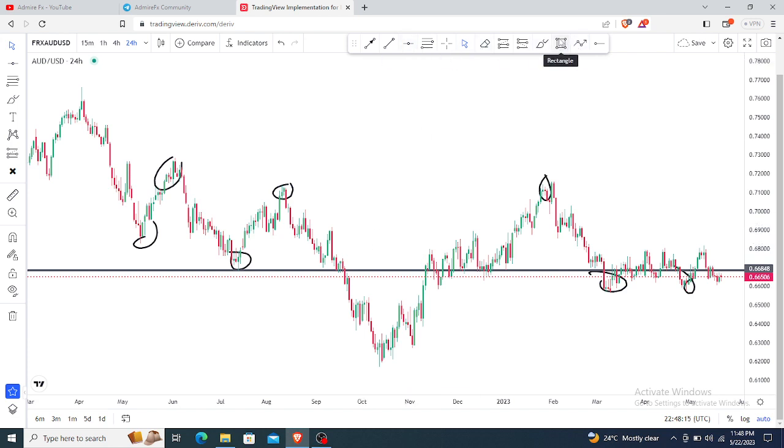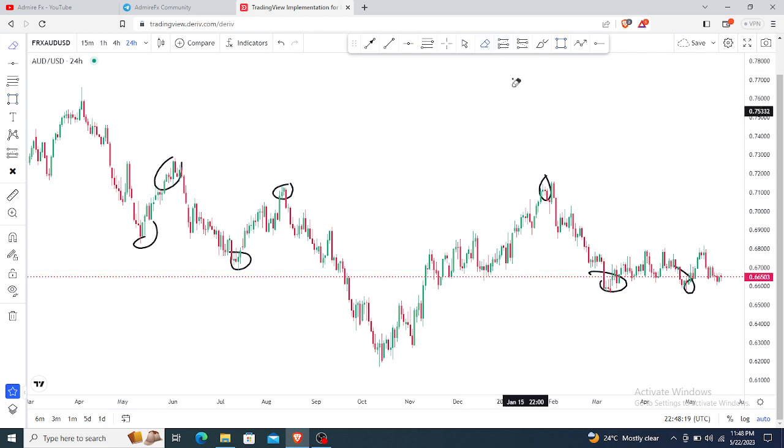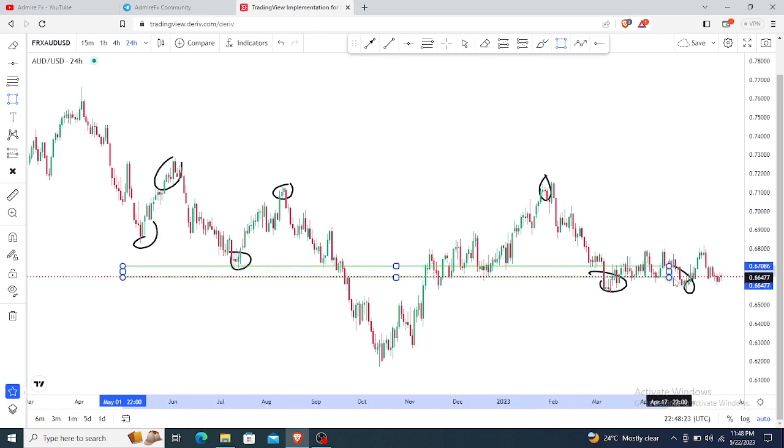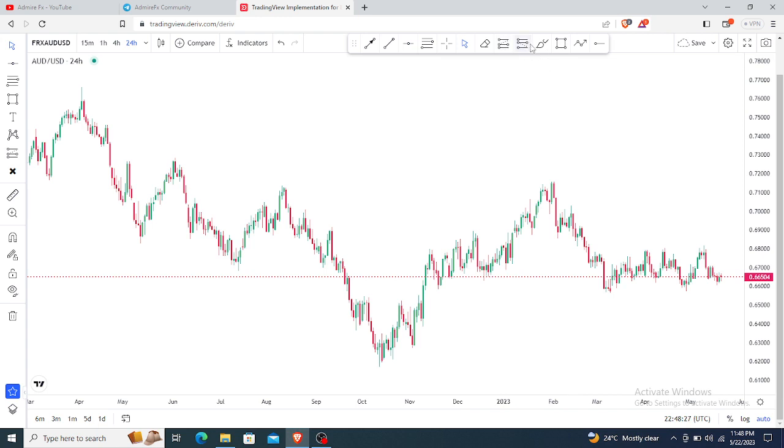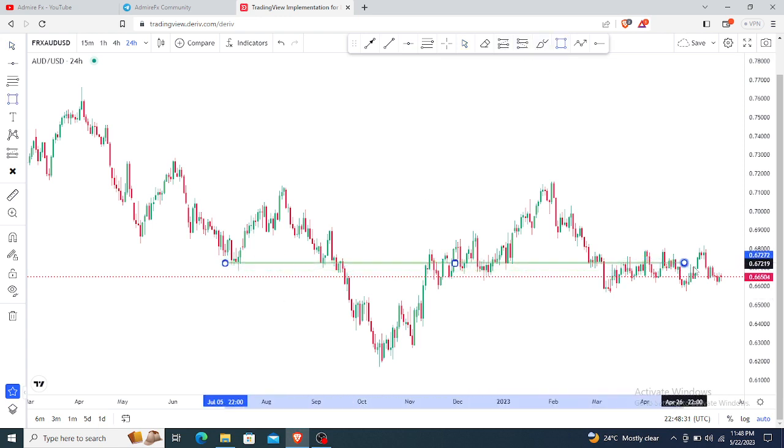Actually he uses a rectangle. Okay, he plots his levels with some little rectangular lines to have his key levels.